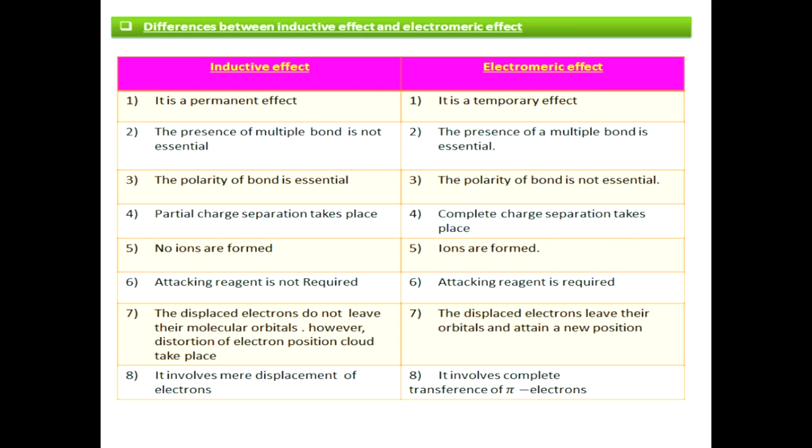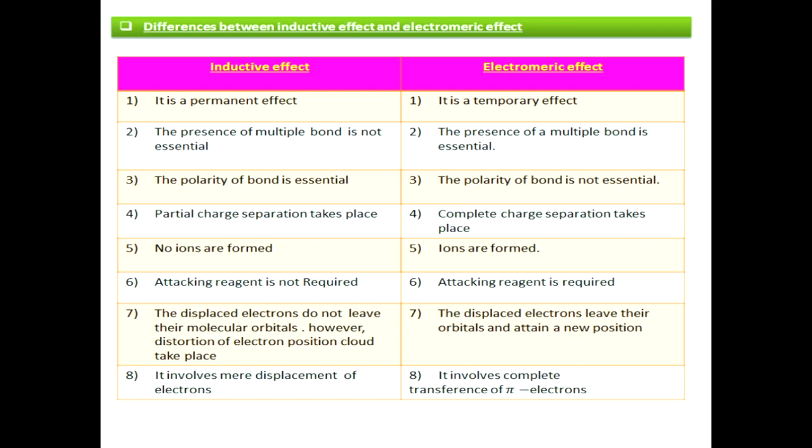In the inductive effect partial charge separation takes place, whereas in the electromeric effect complete charge separation takes place. In the case of the inductive effect, no ions are formed, whereas in the electromeric effect, ions are formed.